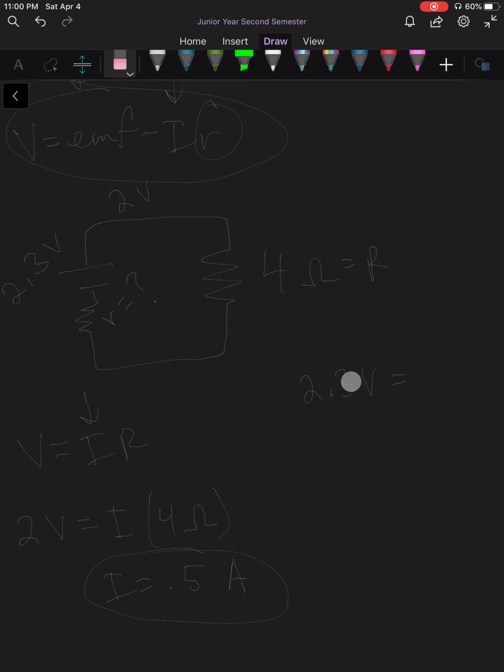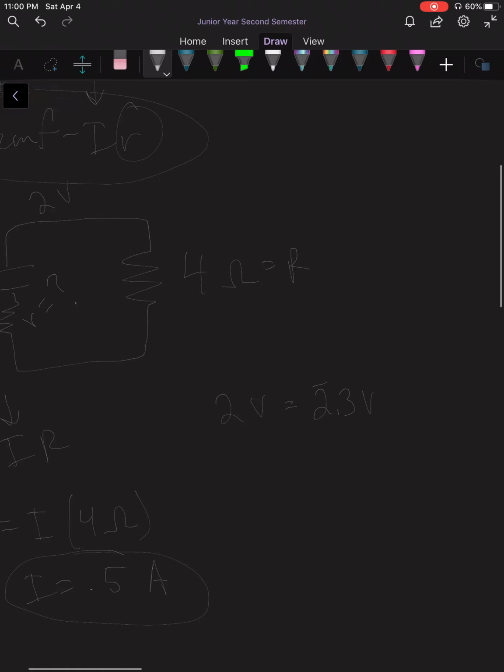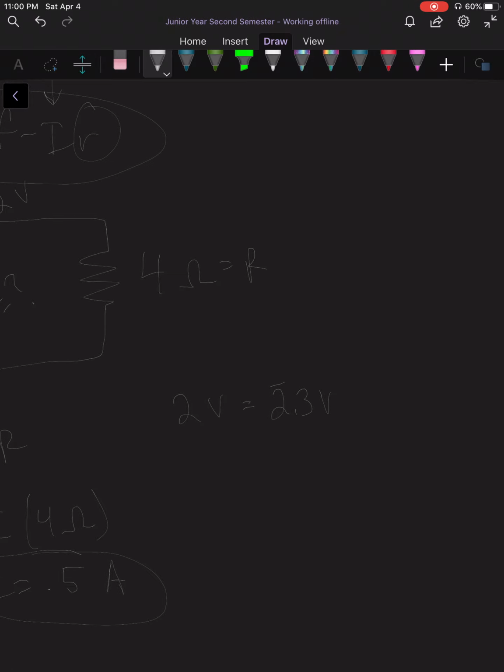So we're going to go back actually. So our terminal voltage is 2. Our EMF is 2.3 volts, and then minus the current, which we just found to be 0.5, times the internal resistance, r, which is what we are looking for.